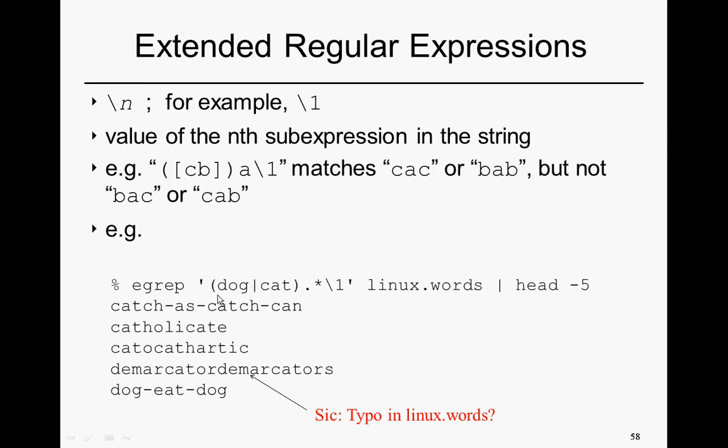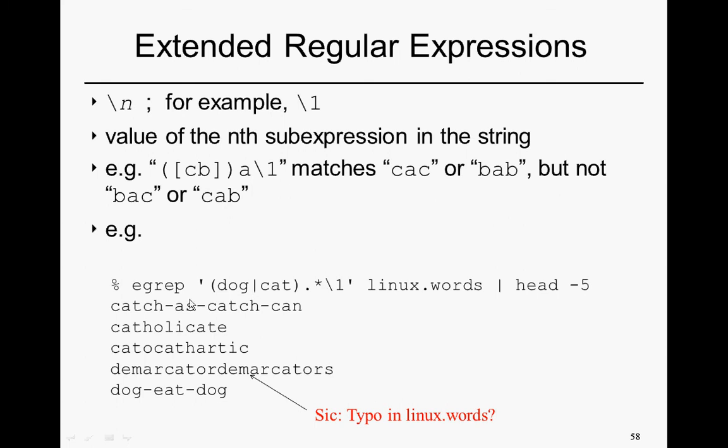Let's figure out how to parse this. First it's matching the word cat or the word dog, or sorry, dog or cat, one of those two, and it remembers which was matched. Then it allows zero or more of any particular single characters, followed by what was matched before.